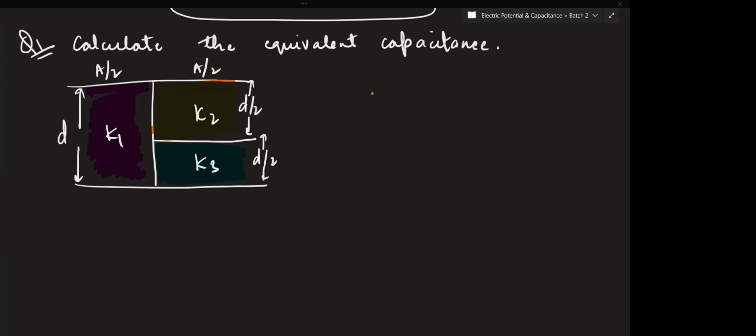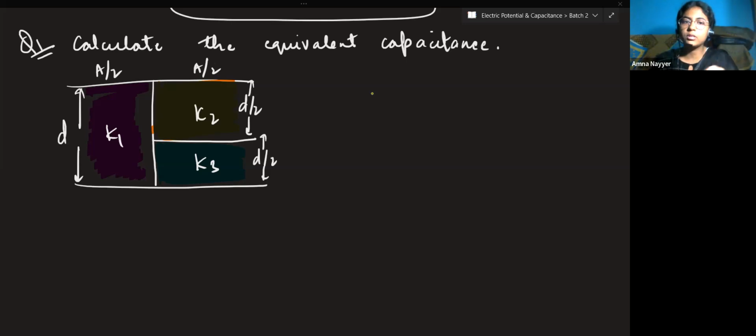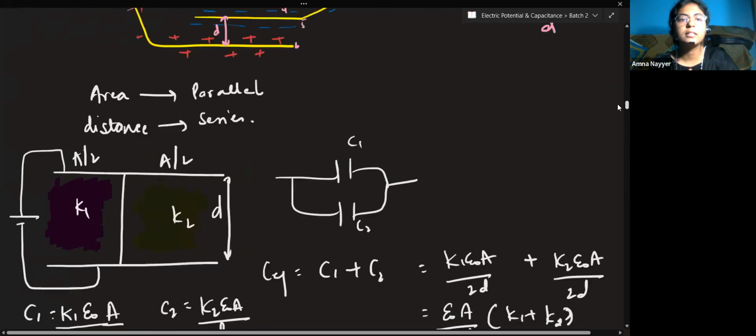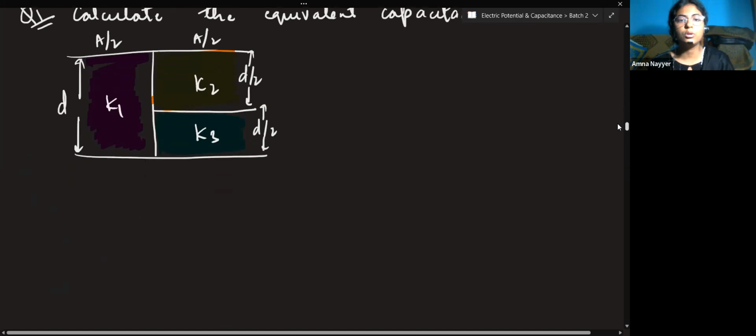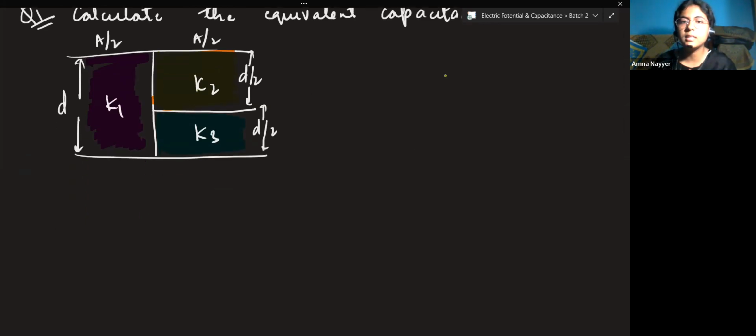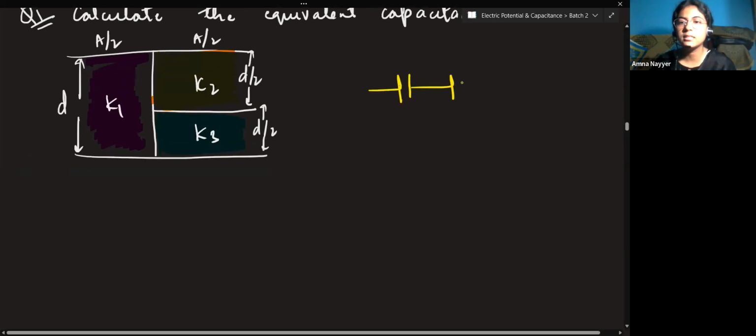See, others who are not able to understand this portion, if you see only this portion, this is which one? What we have done with this one is that the distance is getting divided. Distance is getting divided, it means they are connected in which manner? Series. So two capacitors are connected in series.